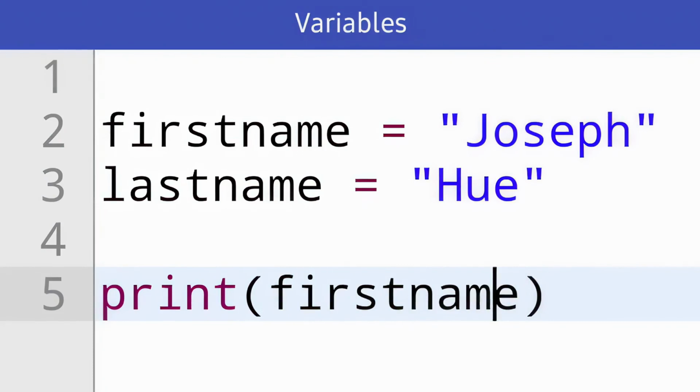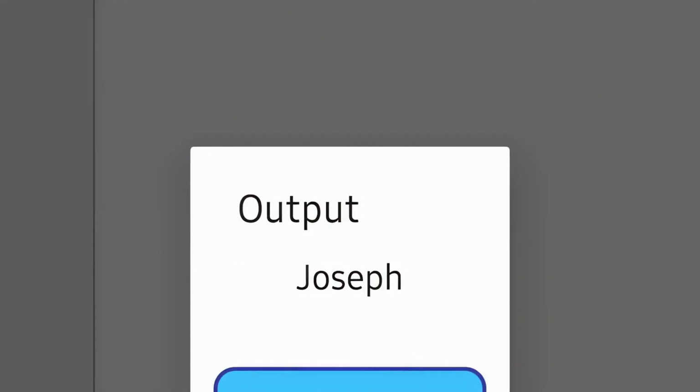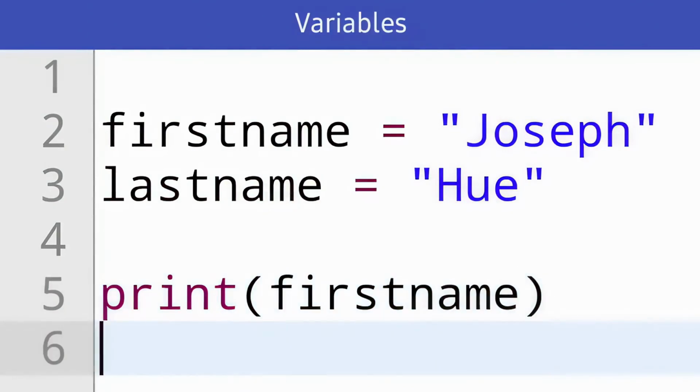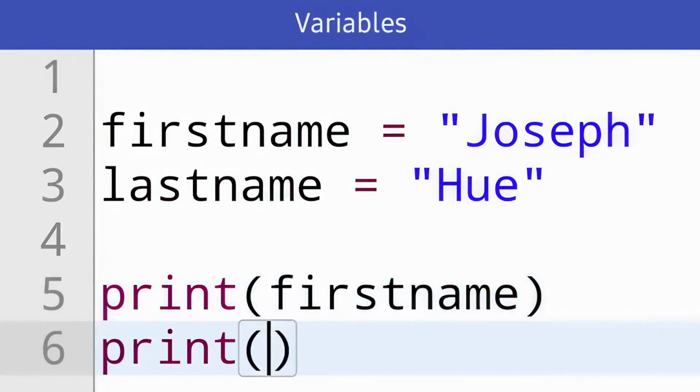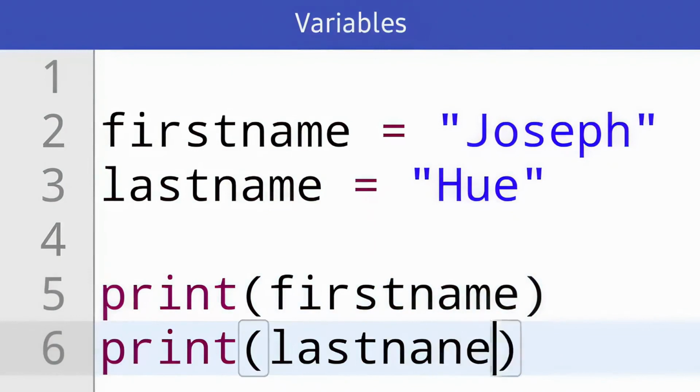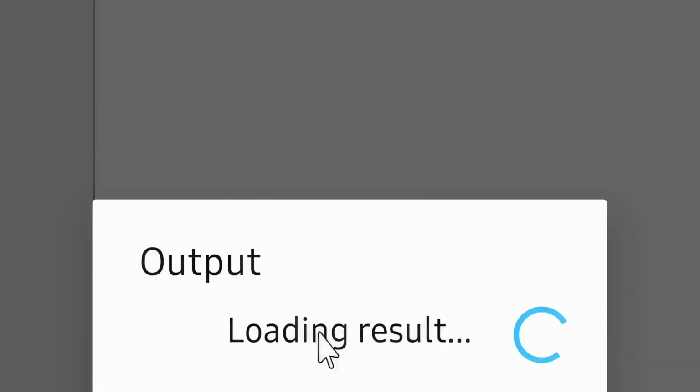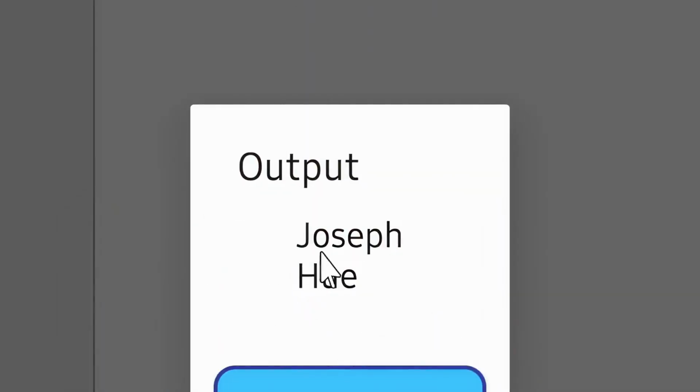Now, if I run my code, I can see that the value that was stored inside the first name variable is Joseph. Now let's do the same for last name. So now I'm displaying both the first name and the last name.